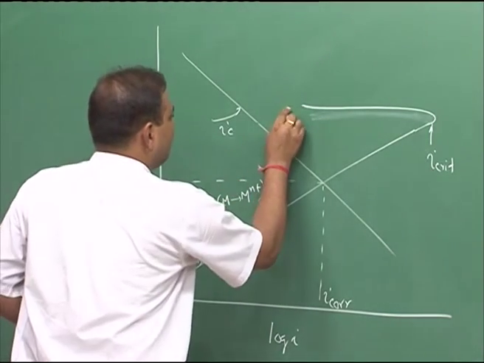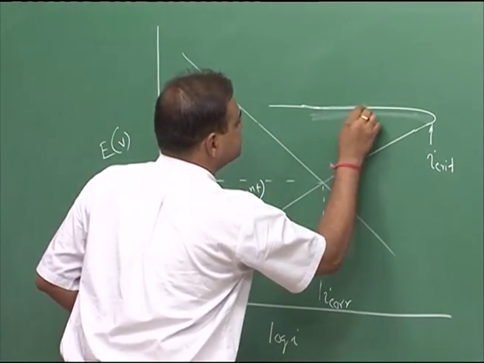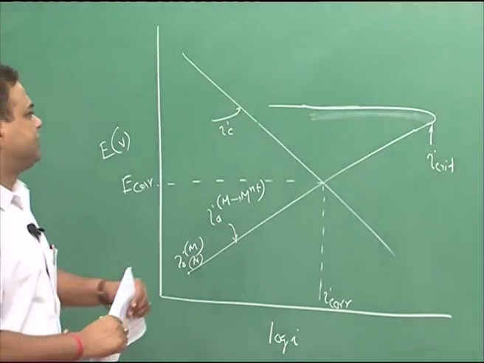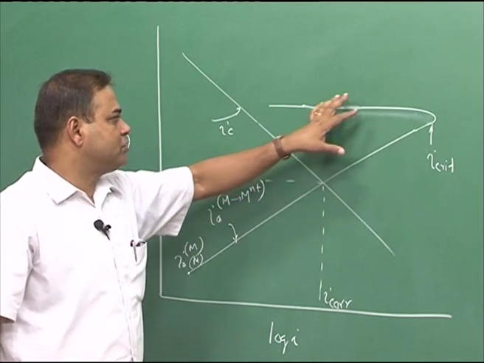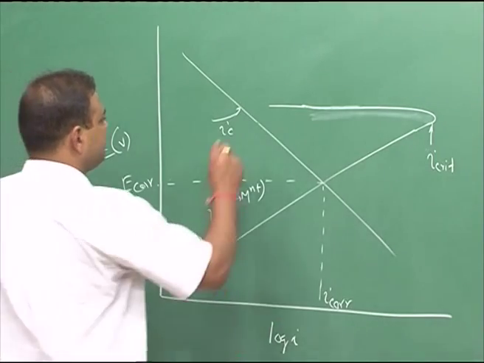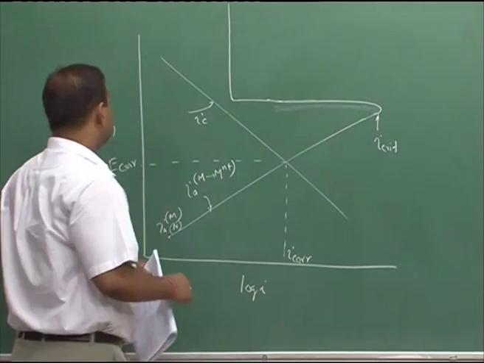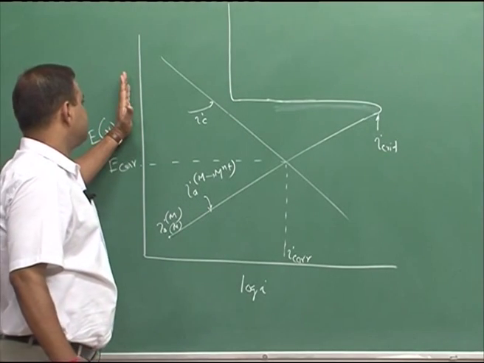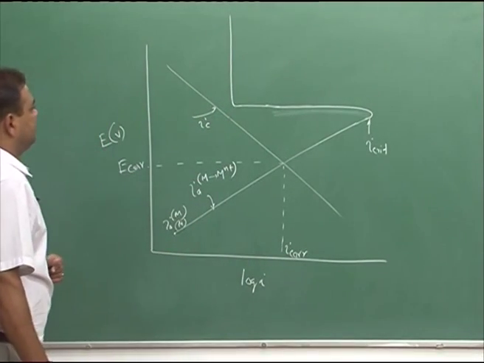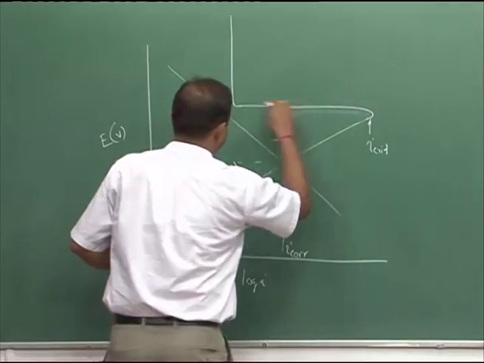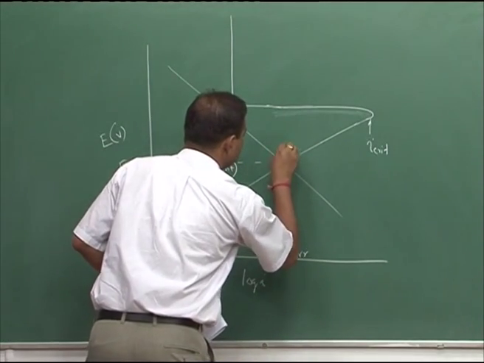When it takes a reverse turn, it goes under unstable passivity, and gradually the oxide layer or the passive layer grows on the surface, and finally it maintains an almost parallel line to the potential axis. This is my active passive metal polarization characteristic, and I am going towards the positive side.